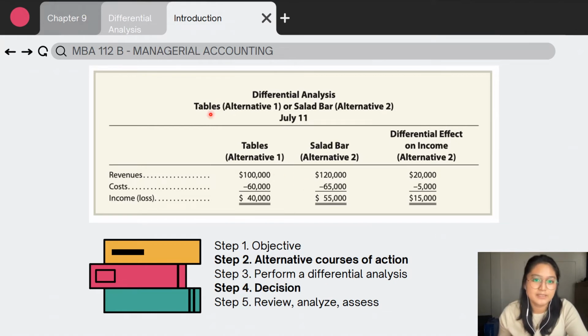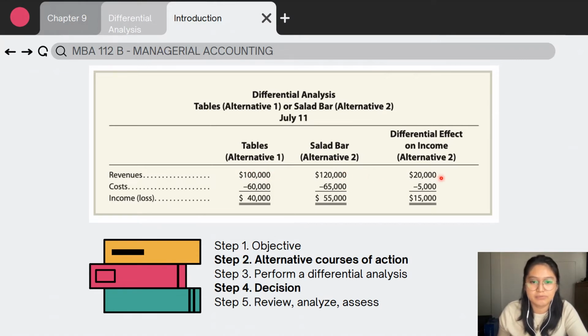In this table, we have the first column for alternative 1, the second column for alternative 2, and the third column for the differential effect on income. To get the differential effect on income, we can deduct alternative 2 from alternative 1. So we have 120,000 minus 100,000.